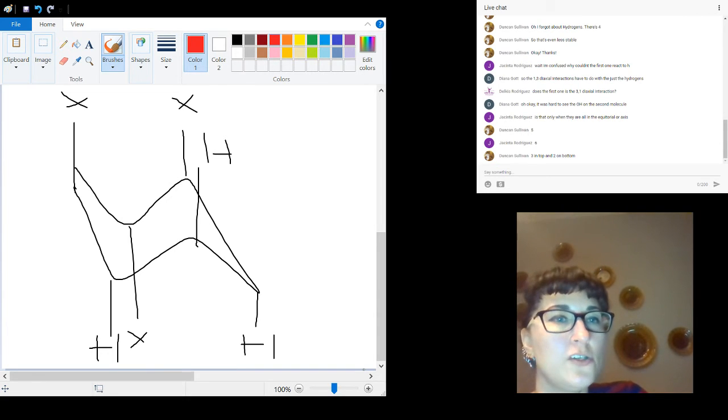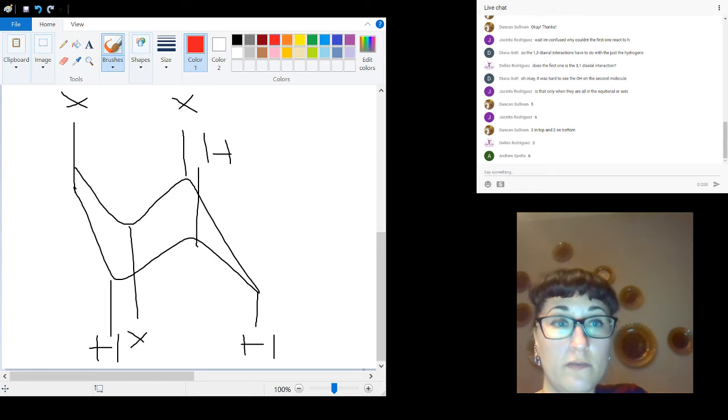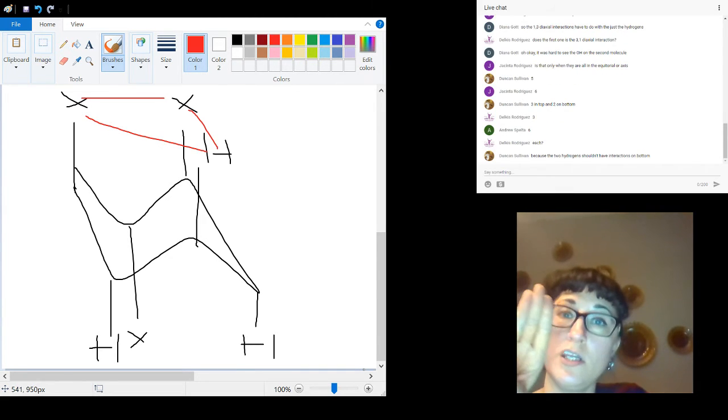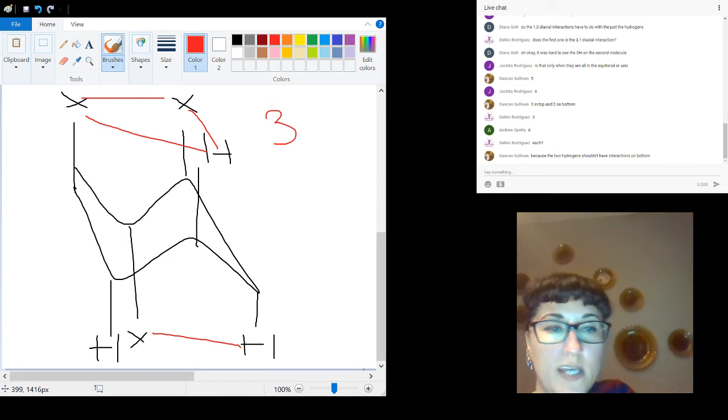Okay, let's look. So can the X's interact with each other? Yes. So that's 1. The X and the hydrogen can interact. That's 2. And so can the other X. So here at the top we have 3. So if you said 3, then yes. Now here at the bottom, the hydrogen can interact with the X, whatever that group is, as long as it's not another hydrogen.